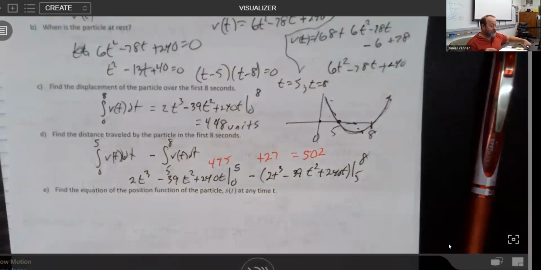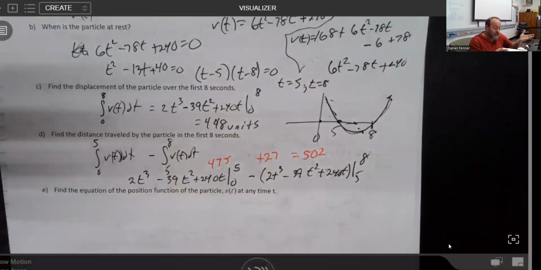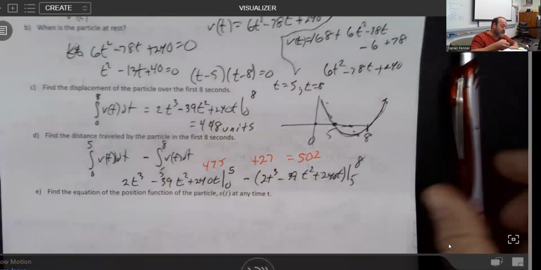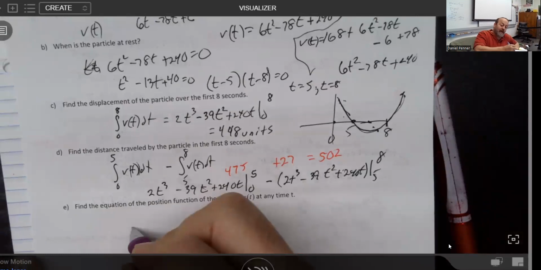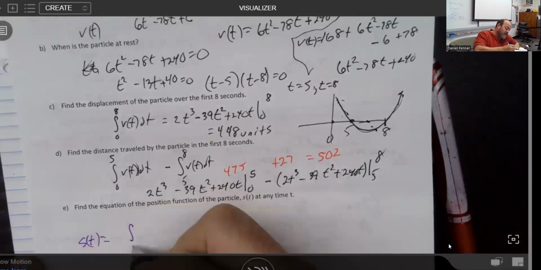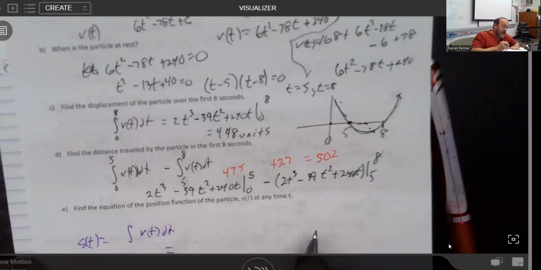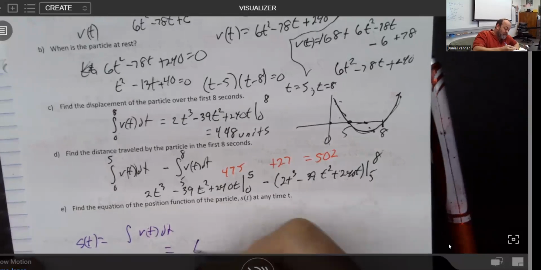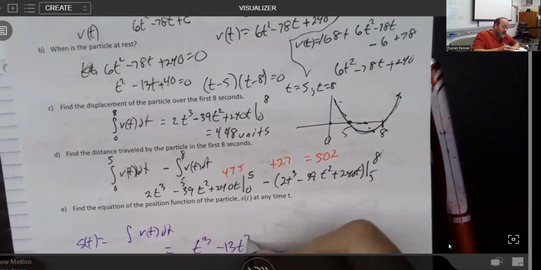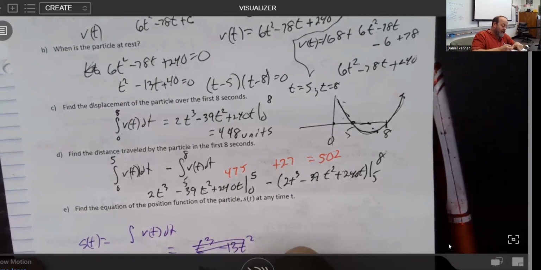Now, the last thing it asks is to find the equation of the position for any time t. So, of course, s of t is the integral of v of t dt. Careful, that was my antiderivative.